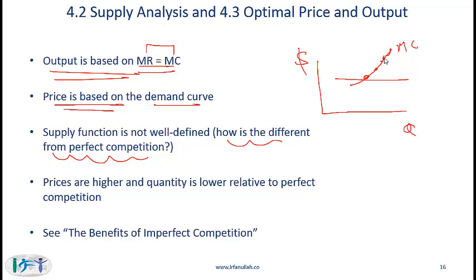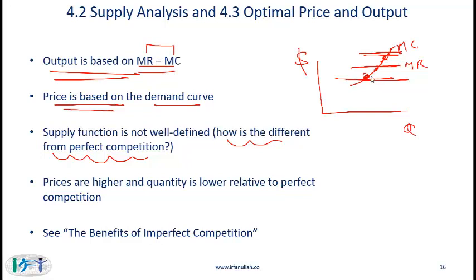How much would it supply? That amount would simply be based on the marginal cost curve, because in perfect competition, we have a flat marginal revenue curve. So whatever price is given by the market, that becomes the marginal revenue curve for a given firm.